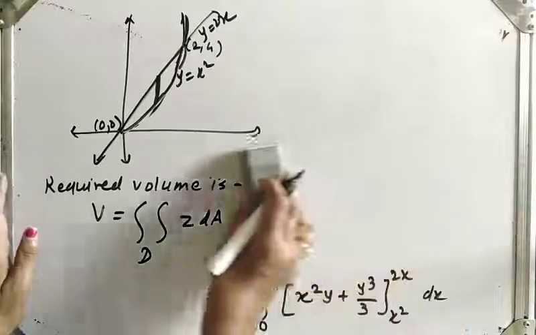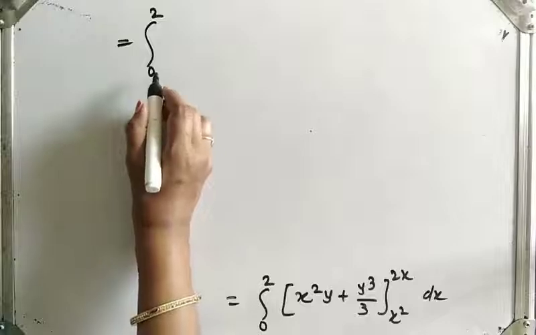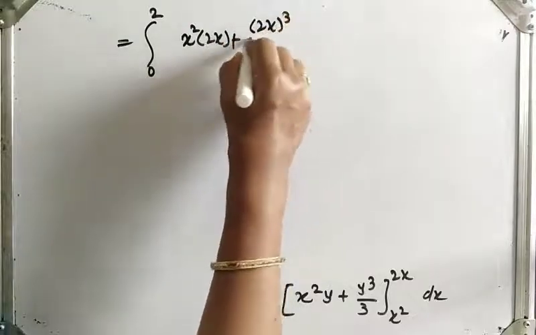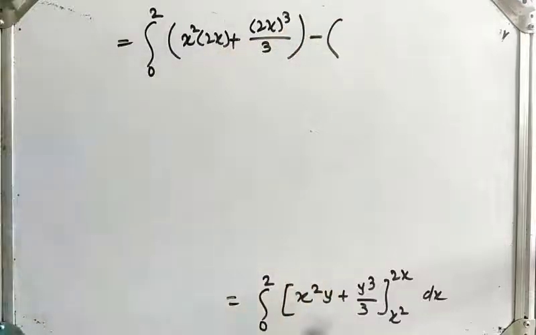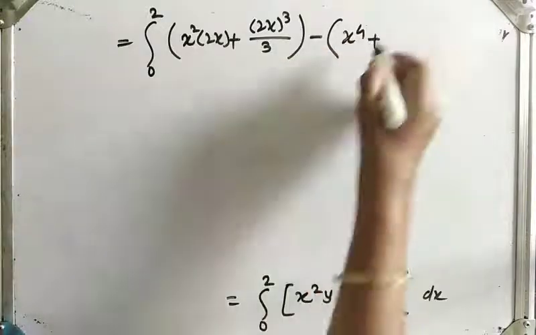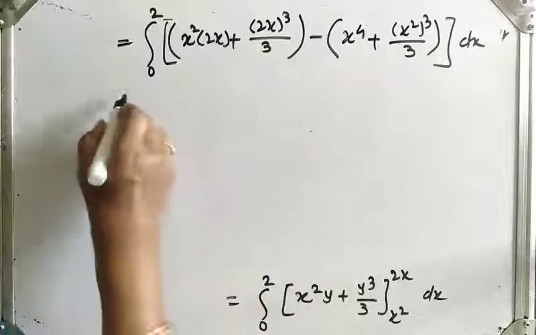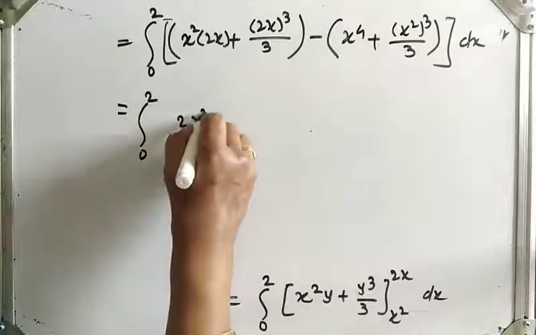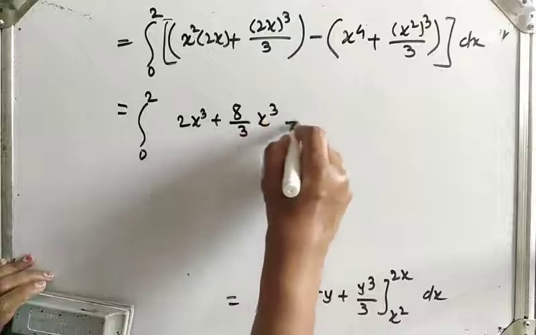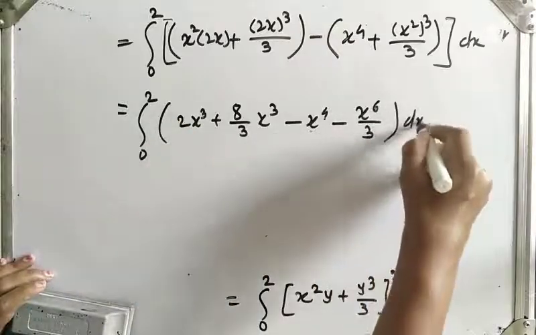Then apply limits, which is equal to the integral 0 to 2 of x square into 2x plus 2x cube upon 3, minus, putting x square, x square into x square will be x raised to 4 plus x square cube upon 3, dx. That equals the integral 0 to 2 of 2x cube plus 2 cube, that is 8, 8 upon 3 x cube minus x raised to 4 minus x raised to 6 upon 3, dx.